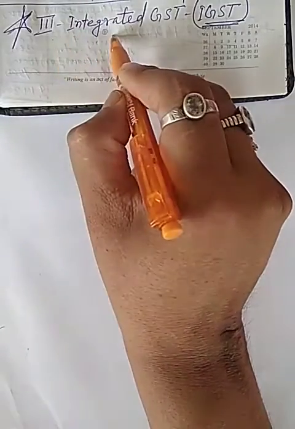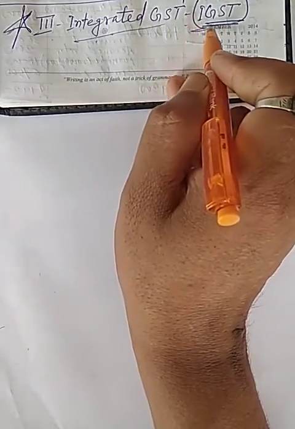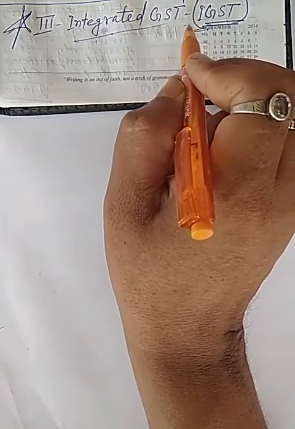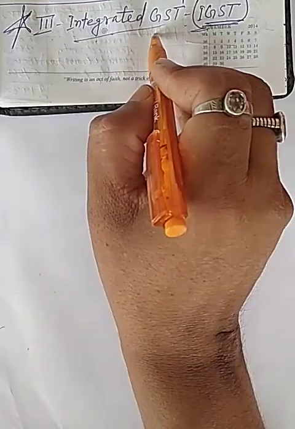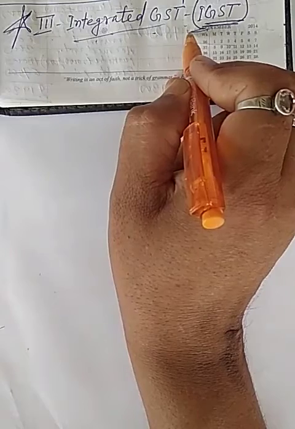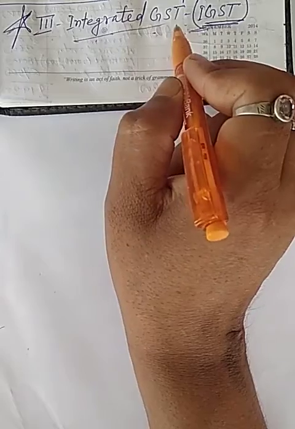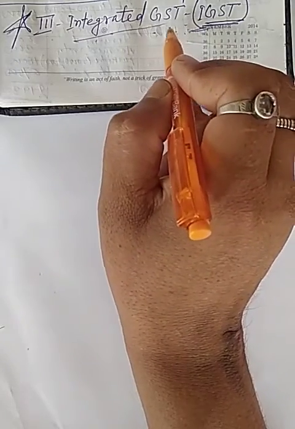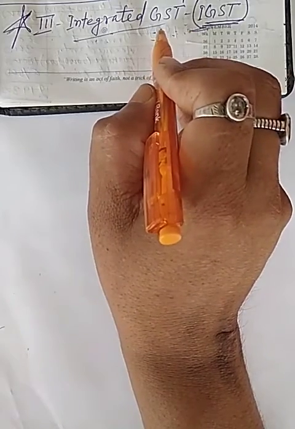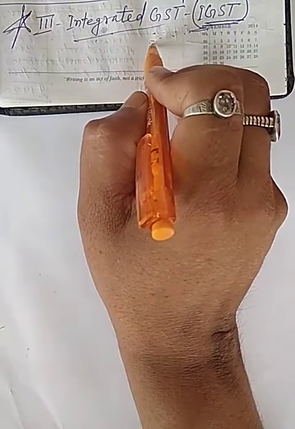Now, third is Integrated GST, called IGST. It is levied on interstate sales, that is, sales of goods and services outside the state. It is also levied on import of goods and services into India and export of goods and services from India.